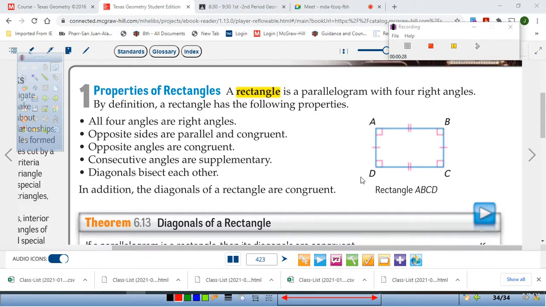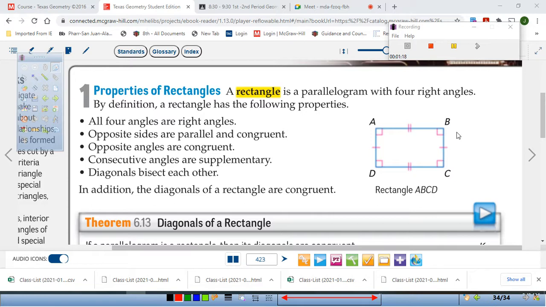Can you all think of a special rectangle? Anybody?